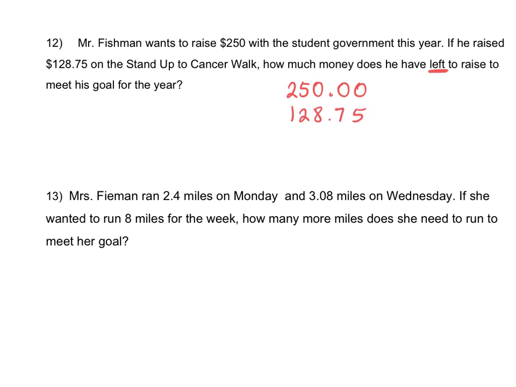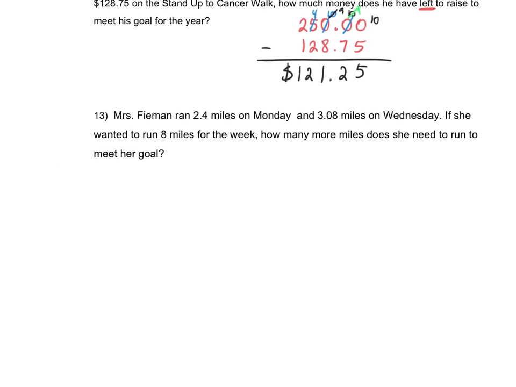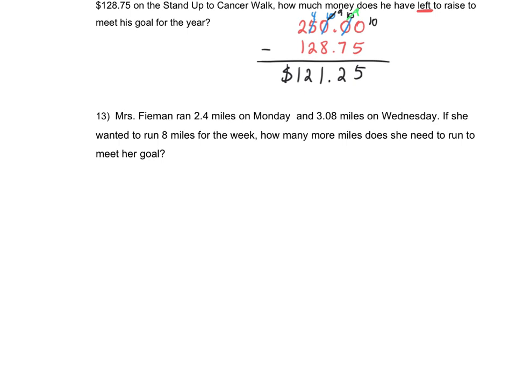And then set up your subtraction. Right, and I gotta come over here. I turn this into a 10, and then a 9, and then a 10, then a 9. Now I can do my subtraction. So Mr. Fishman has $121.25 left.